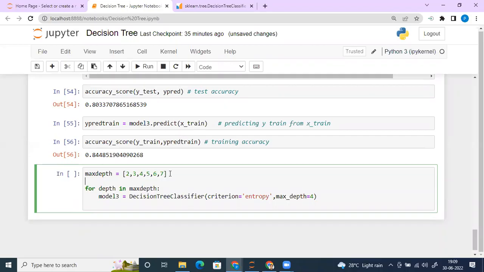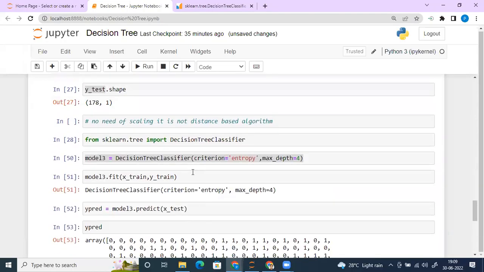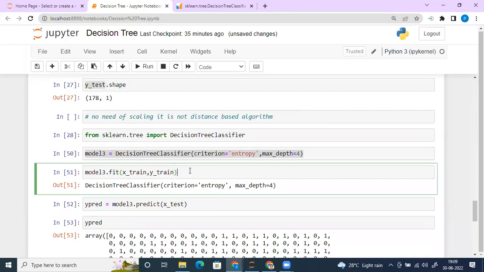Let me get an empty list, suppose accuracy list, which is empty for now. So I can iterate over this. In the first iteration, this loop variable depth will become 2, so the model will take depth equal to 2. Then second parameter, that is model dot fit. Where is model dot fit like this?